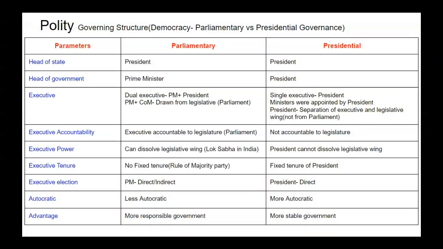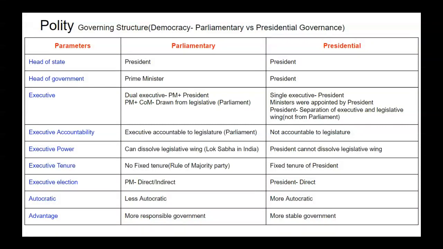In parliamentary form of system, executive election is done directly or indirectly. For prime minister, there can be direct or indirect election, but in presidential form of governance, the president is generally elected by direct election.